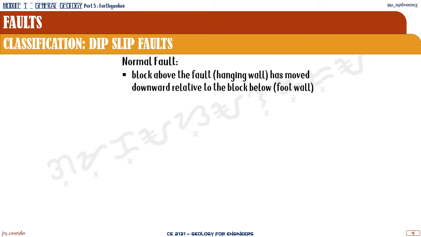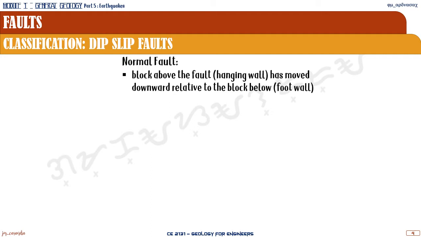So the first one is what we call the normal fault. Okay, so a normal fault basically will be two blocks that will be moving against each other. So the upper block, which is what we call the hanging wall, will be moving downward relative to the block below, which we call the foot wall.